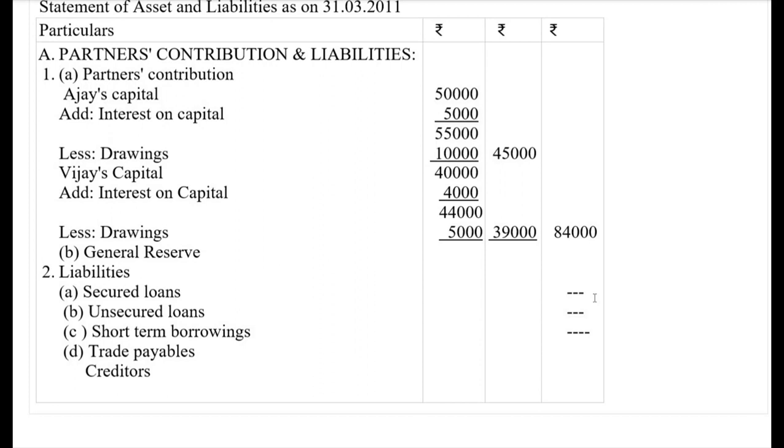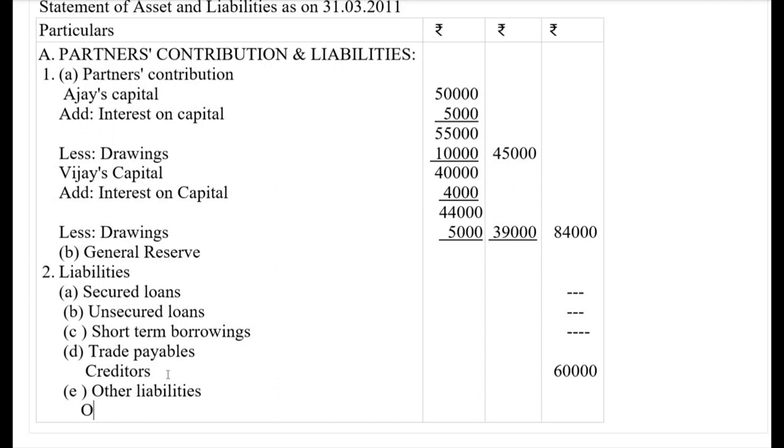Then trade payables, here it is given as rupees 60,000. Then E, other liabilities. So under the other liabilities, we have got outstanding wages. There is only one item here, so I will take directly to the outer column here.